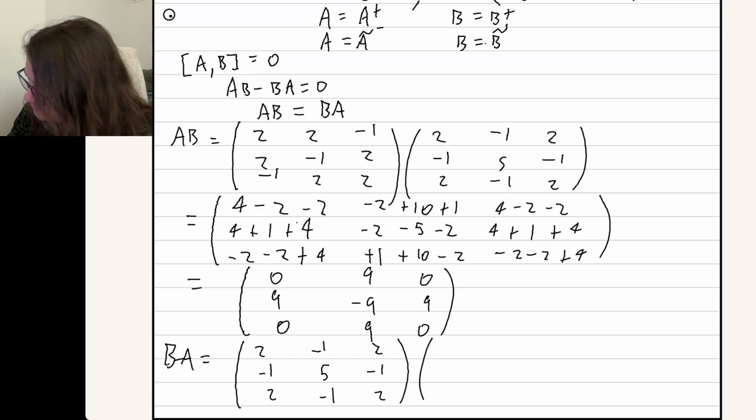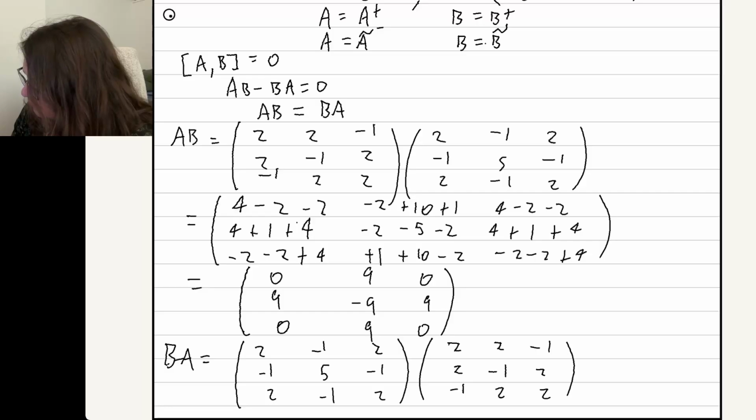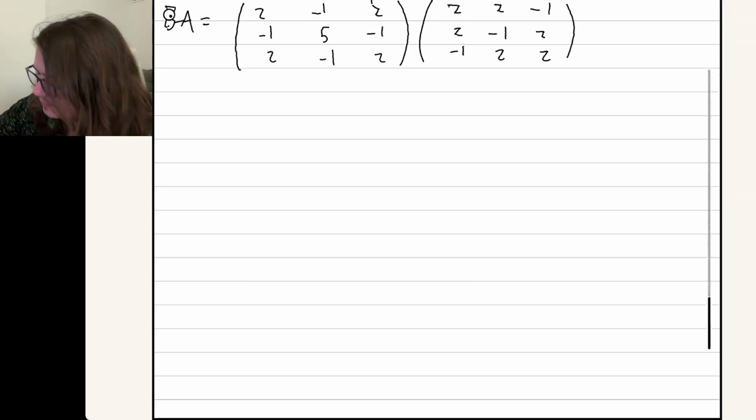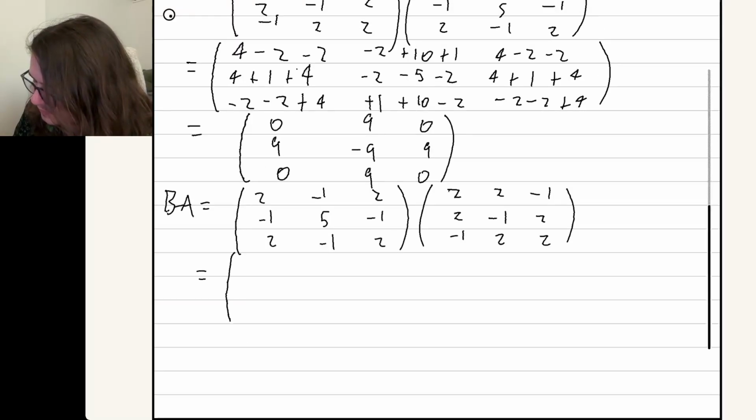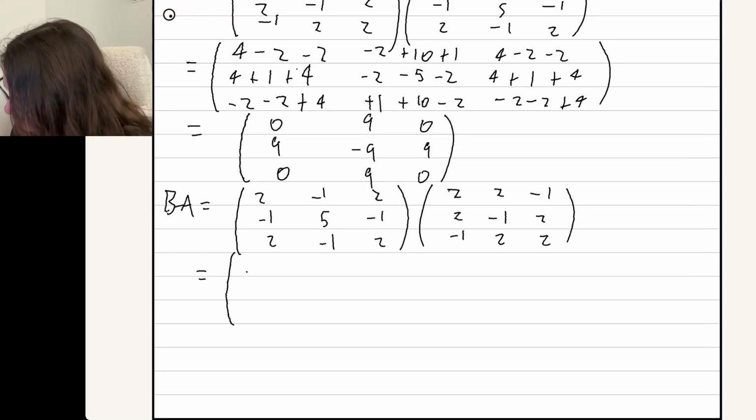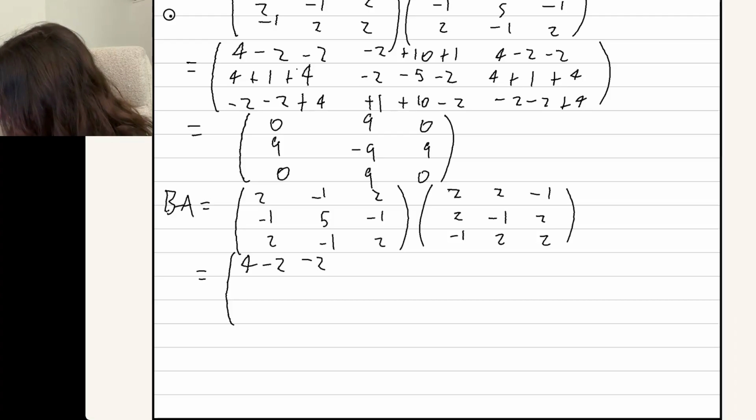Okay. BA then is going to be 2 minus 1, 2 minus 1, 5 minus 1, 2 minus 1, 2 times 2, 2 minus 1, 2 minus 1, 2 minus 1, 2, 2. And doing that multiplication, we have 4 minus 2 minus 2, so we're already looking very similar.